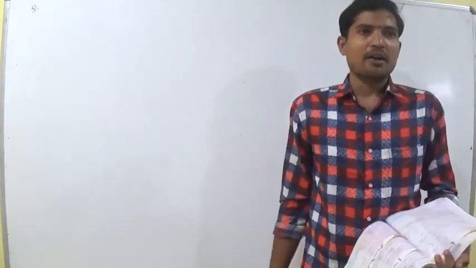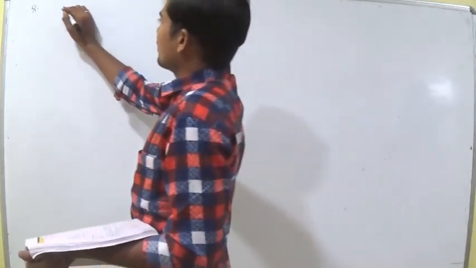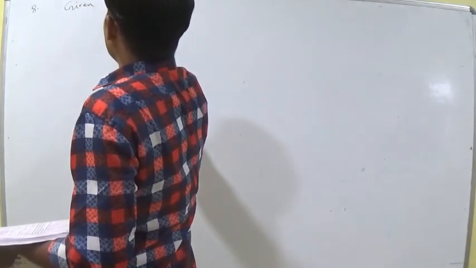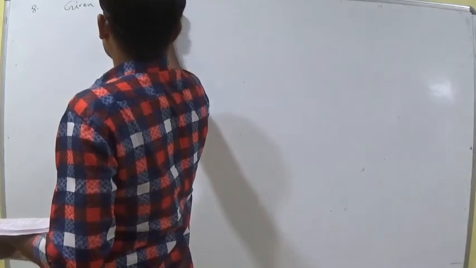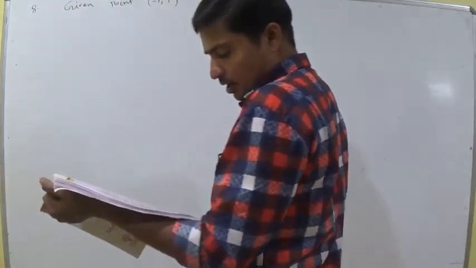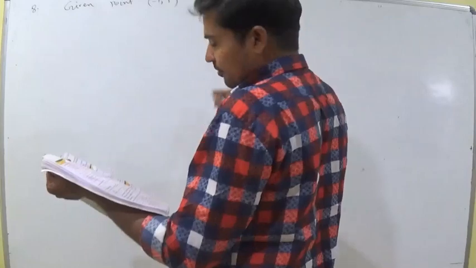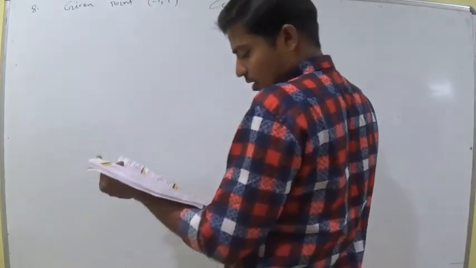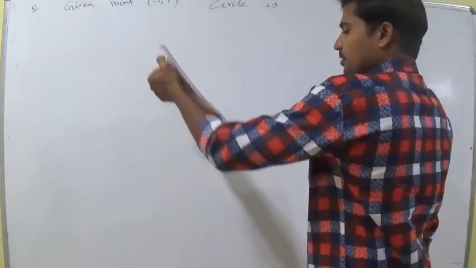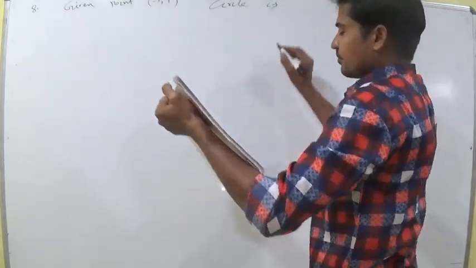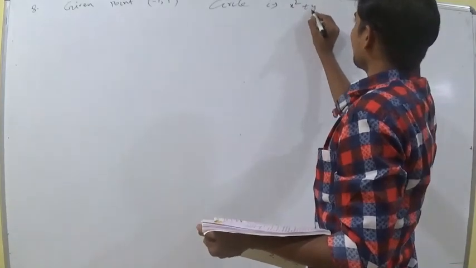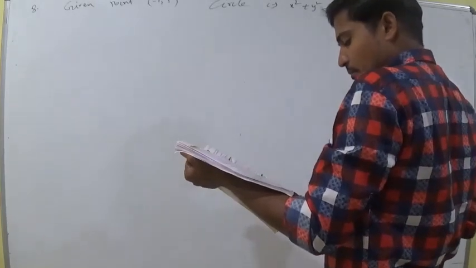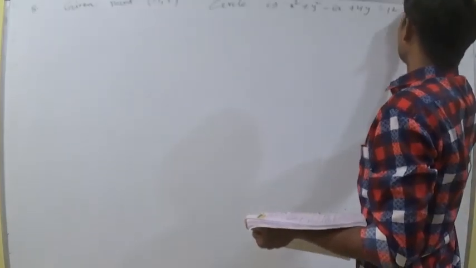The given point is (-1, 1), and the circle is x² + y² - 6x + 4y - 12 = 0.